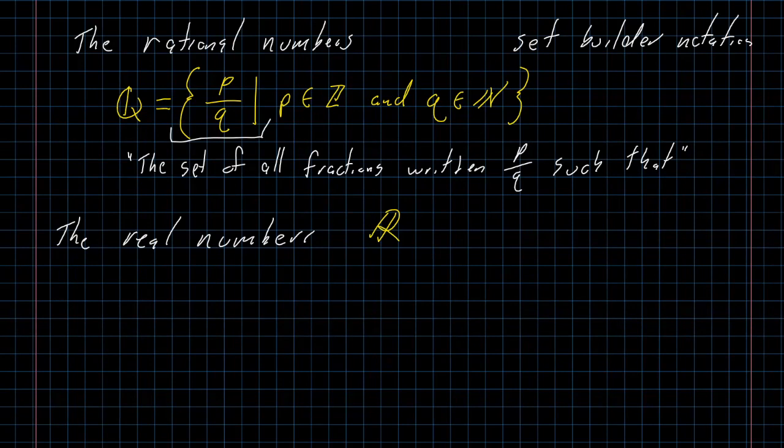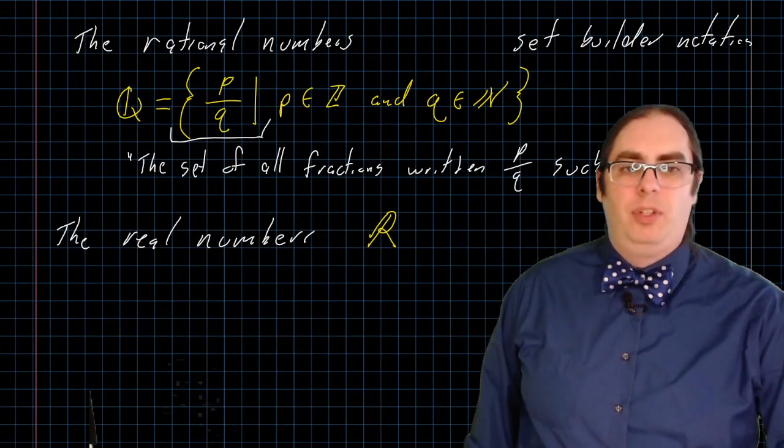The last set I want to talk about is the real numbers, which are denoted using a blackboard bold R. You are at least somewhat familiar with the real numbers. I don't have a good definition to give you for the real numbers here.